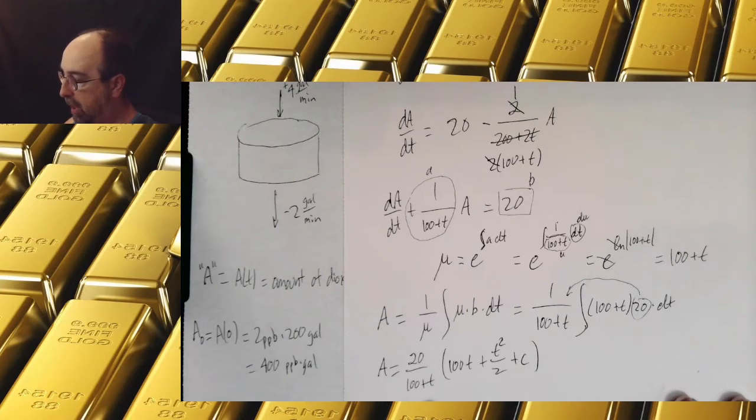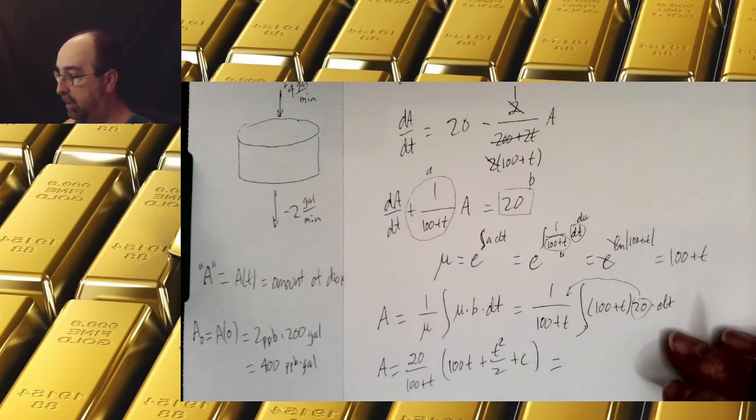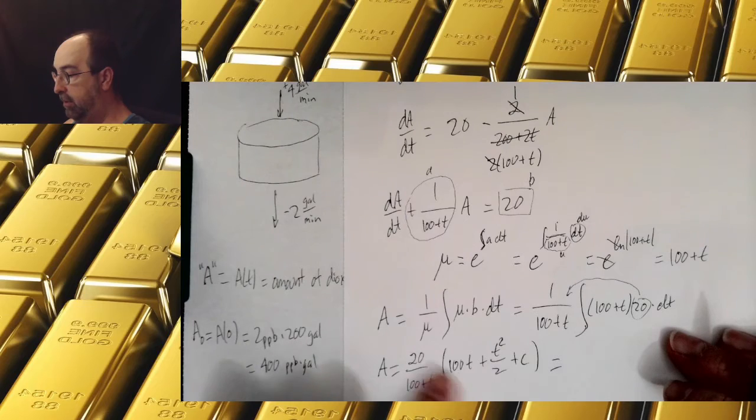A person could actually distribute this through all three of those terms, and they might get something like 20 times 100t is 2000t over 100 plus t.